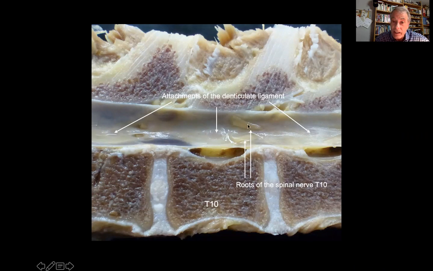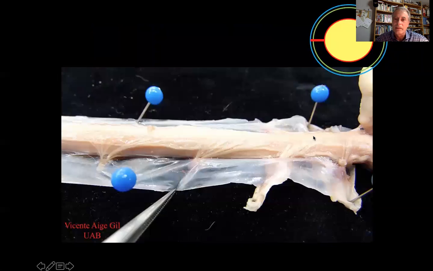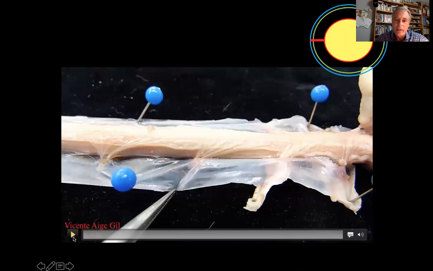Here you see these are the roots of the spinal nerves, a dorsal root and a ventral root, a dorsal root and a ventral root. As they go out, you see they go in a single sleeve. And here are the attachments of the tentacle ligament. Look at this video.